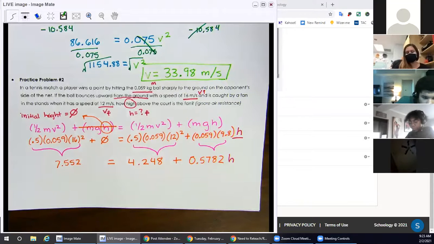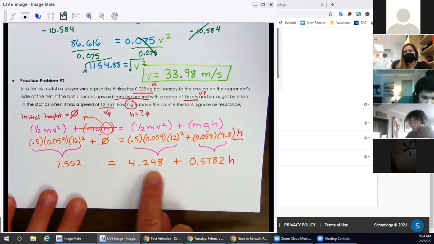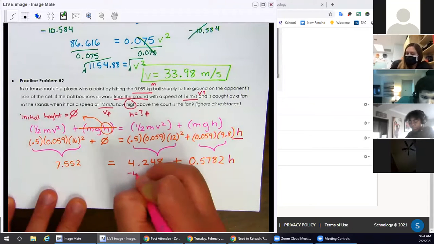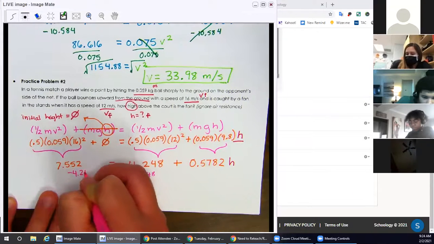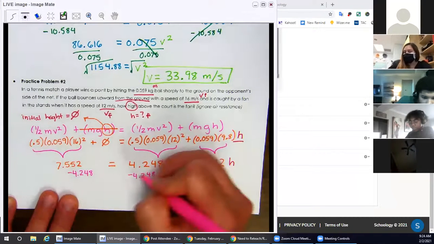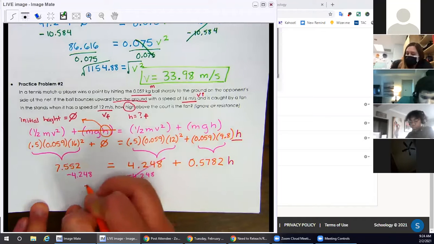Again, rules of algebra, you need to get rid of this number. Since it's being added, you're going to subtract 4.248 from both sides. That cancels on your right, so 7.552 minus 4.248. That's going to give you 3.304.